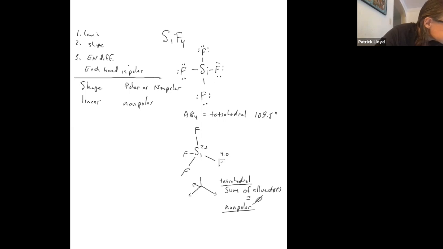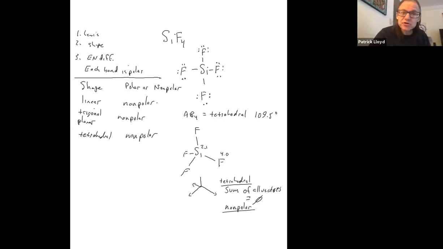We did that with CO2. If it's trigonal planar, it's nonpolar. If it's tetrahedral, it's nonpolar. Okay, so we just did the tetrahedral. I didn't even show you why that is for the tetrahedral, but they just add up to nothing.